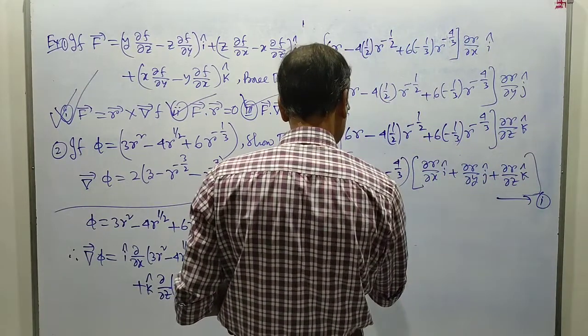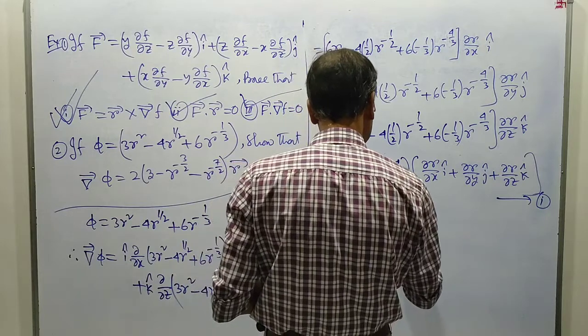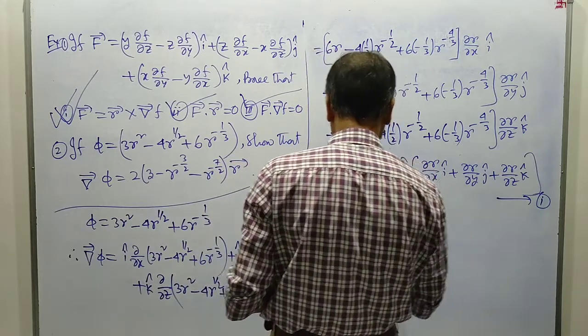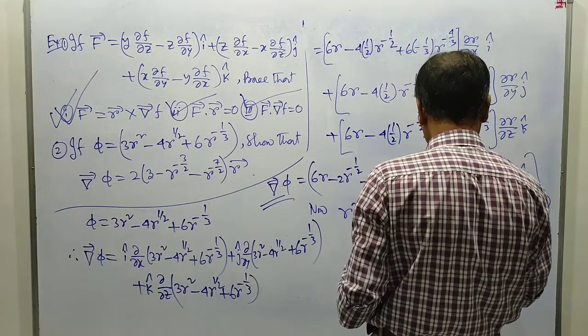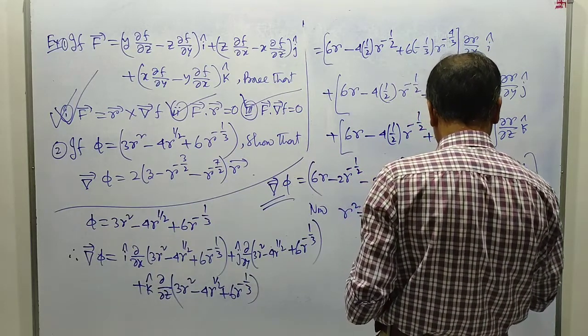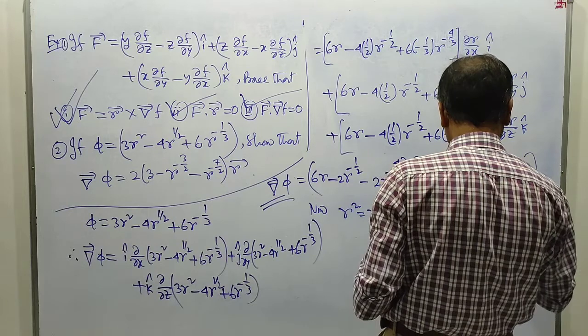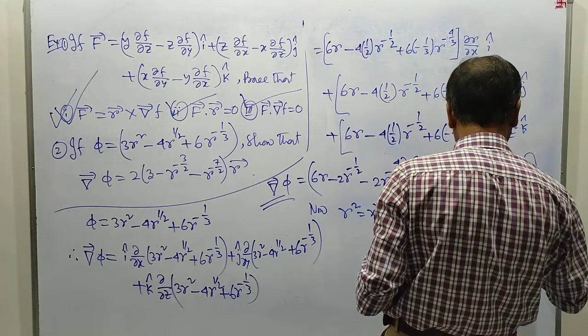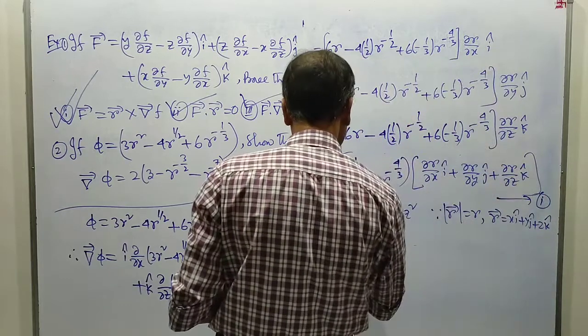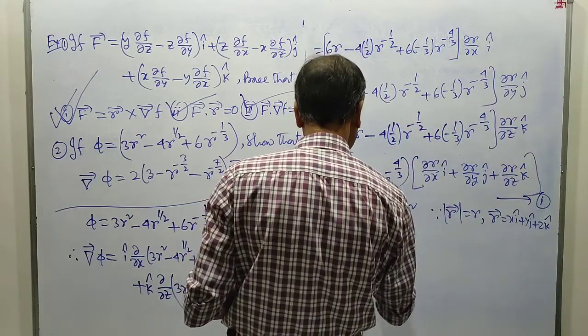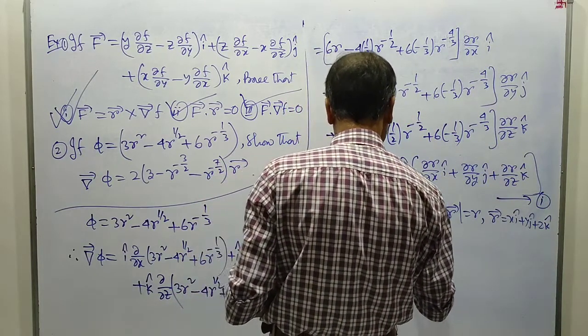Now r square equals x square plus y square plus z square. Since the modulus of r vector equals r, and r vector is equal to x i cap plus y j cap plus z k cap, therefore twice r ∂r/∂x equals twice x.